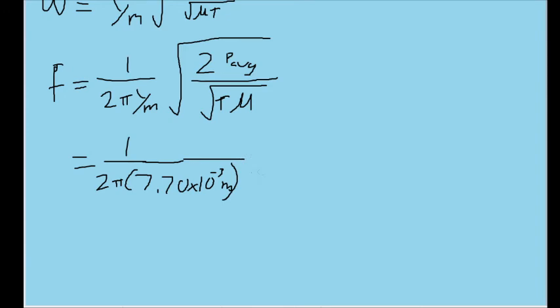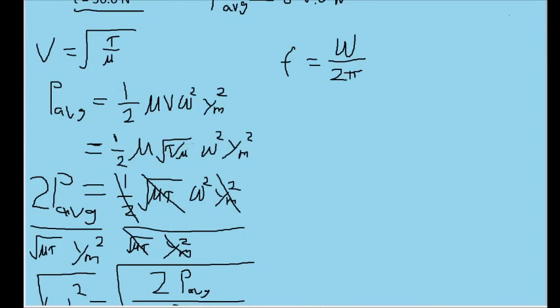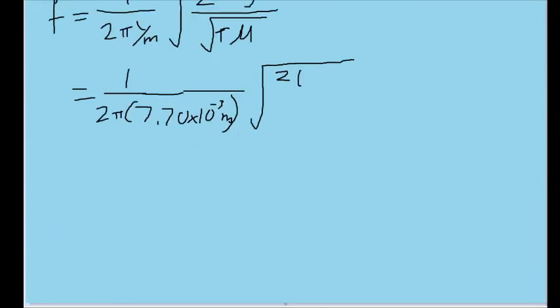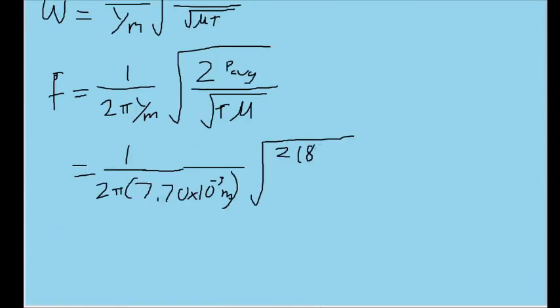And it's multiplied by a radical. So it's going to be 2 times the average power. And the average power is given to us in the problem as 85.0 watts. So let's write that down.